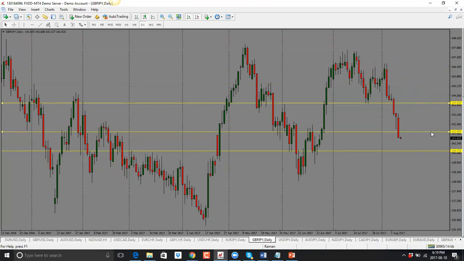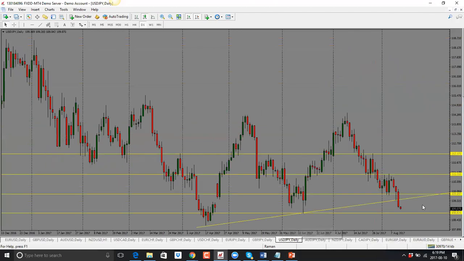We could get a pullback into this level here, the 142.20-ish area, and then we may see a drop. But overall, bearish there. Dollar yen, just like dollar Swiss franc, is bearish as well. The next target here is the 108.80 level.